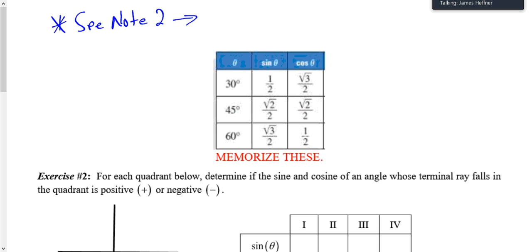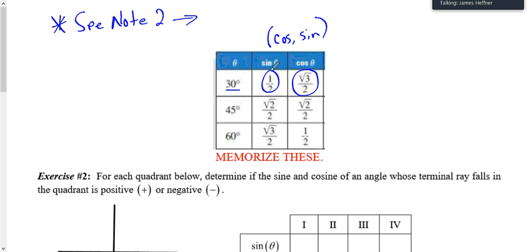And I'm not going to ask you to solve for 30, 60, 90 triangles, but I just want you to know some of these. So look at the table they have here. Because of those triangles, we were able to put them in the coordinate plane. Remember, the coordinates of those points are cosine, comma, sine. So the cosine of 30 was the square root of 3 over 2, and the sine was 1/2.